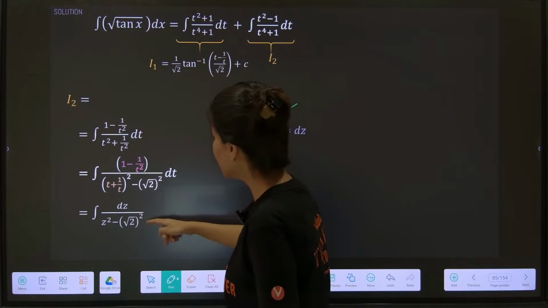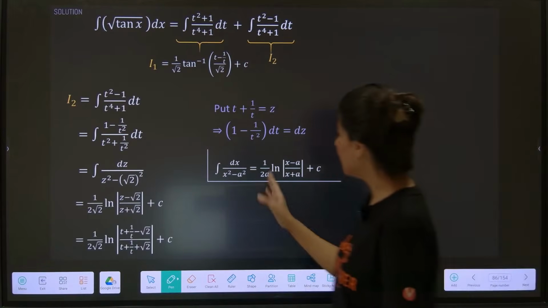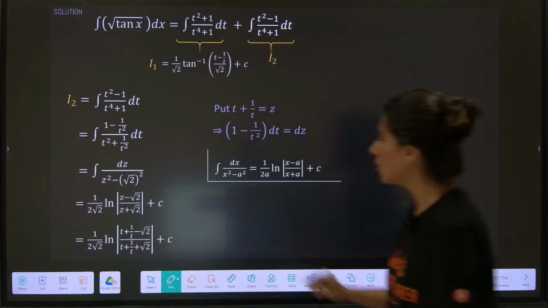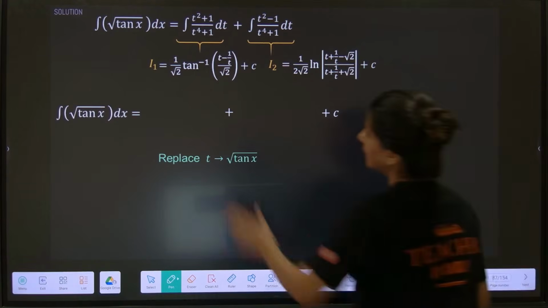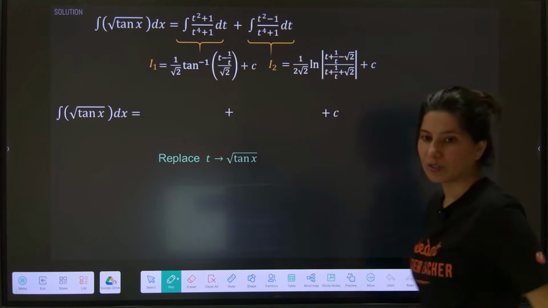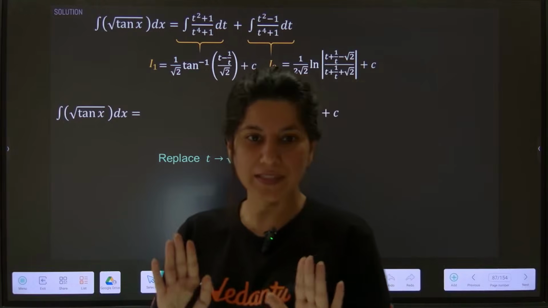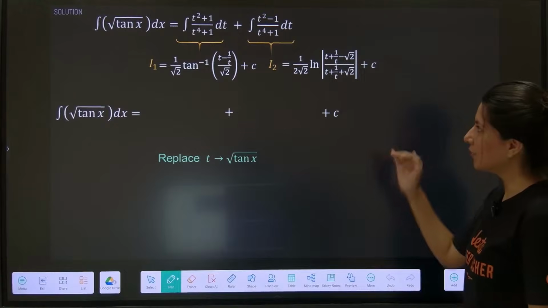So that's how it is. And it will be log. Eventually the final answer will be what? This is your I1, this is your I2. Now t eventually will be replaced by root tan x. A little bit lengthy, but I am leaving this for you.